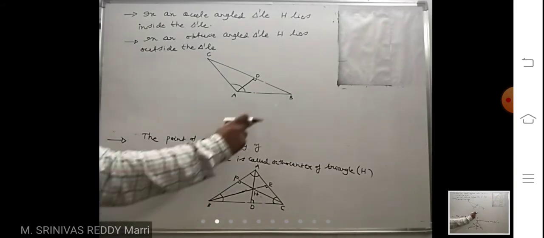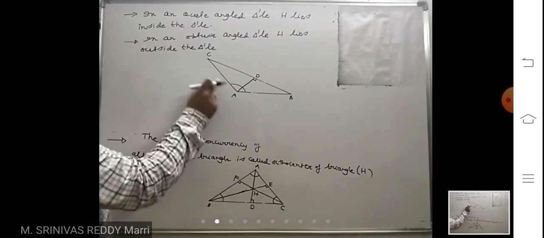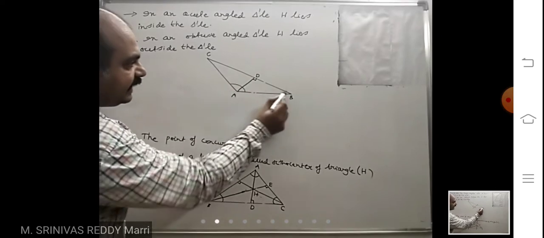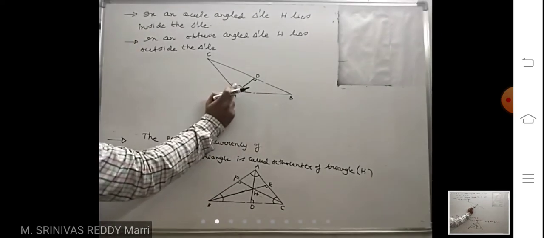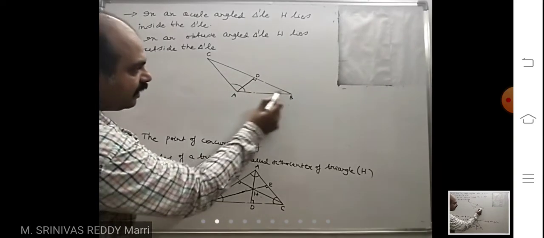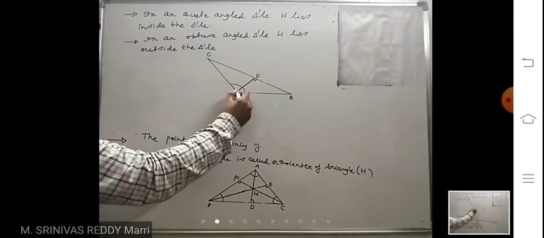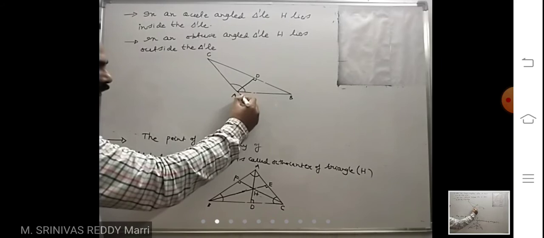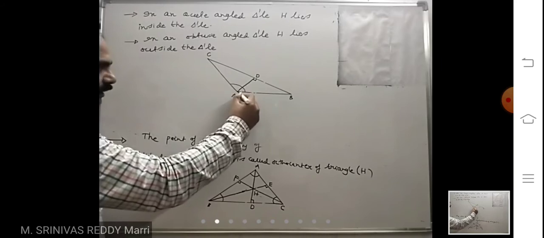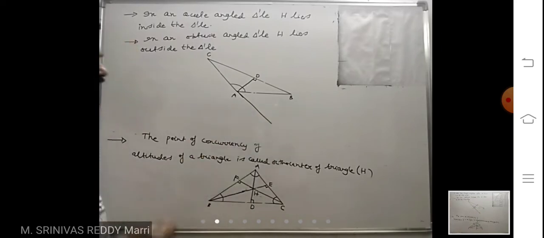It is called one altitude, right? So look at here. From B, I have to drop a perpendicular upon CA. Inside the triangle, dropping is not possible because this angle is what? Obtuse angle. Like this, you cannot draw because it is already an obtuse angle. So what we will do is we will extend CA like this. I have extended this CA.